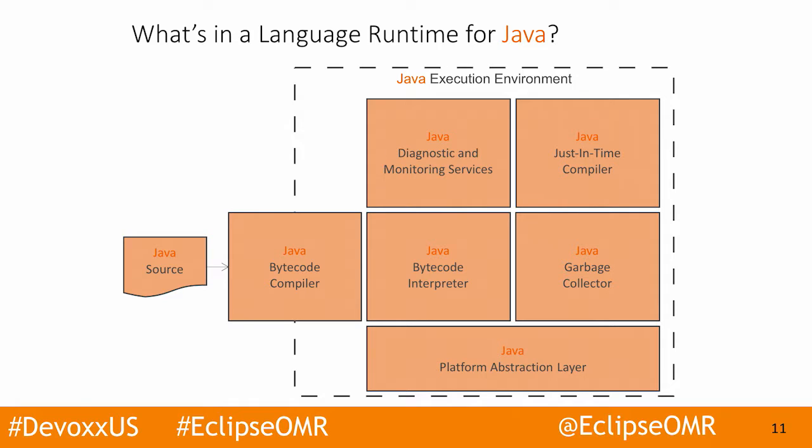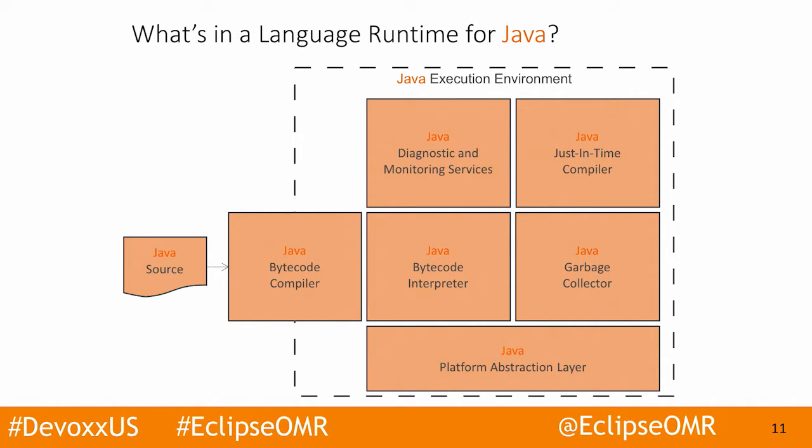From a developer point of view, you typically start with the Java source, and it gets compiled down with javac into some sort of bytecode representation. And then that bytecode representation is executed on a bytecode interpreter that follows the Java VM specification.